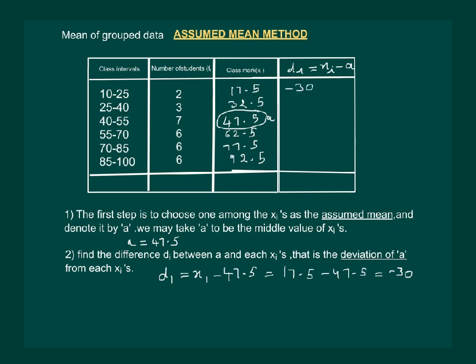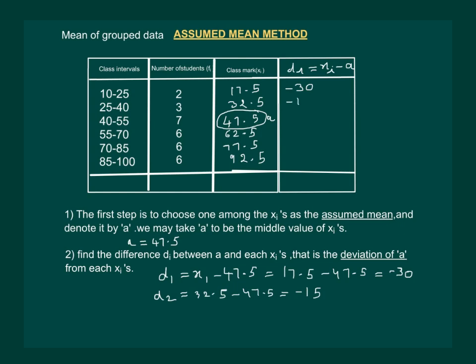So our d1 is minus 30. Similarly, d2 will be x2, which is 32.5, minus a, that is 47.5, which is equal to minus 15.